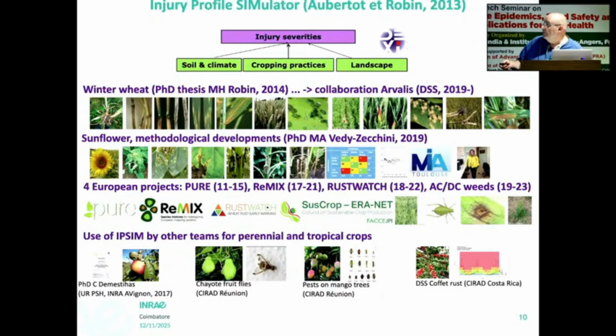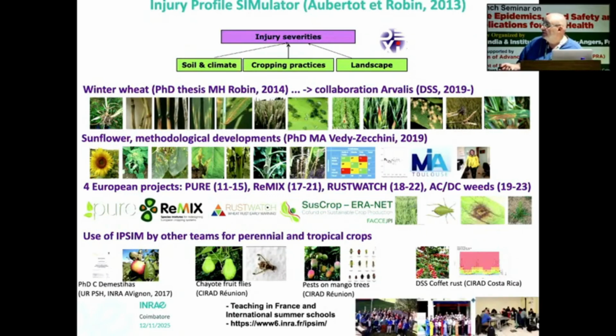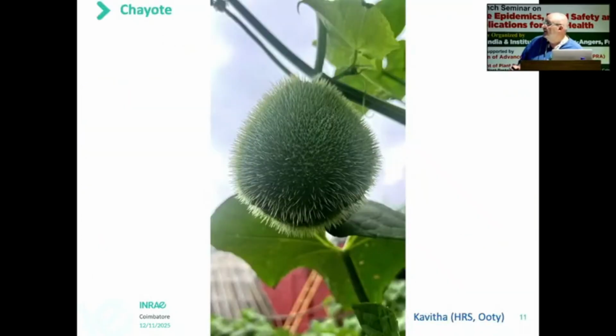Several teams, mostly French teams, use it for other crops, such as apple tree production, and pests on mango trees, and we also helped colleagues from CIRAD in Costa Rica to design a coffee rust decision support system. We also use this modeling platform for various trainings, like this summer school in Italy that we adapted to Southeast Asia. So these are some pictures.